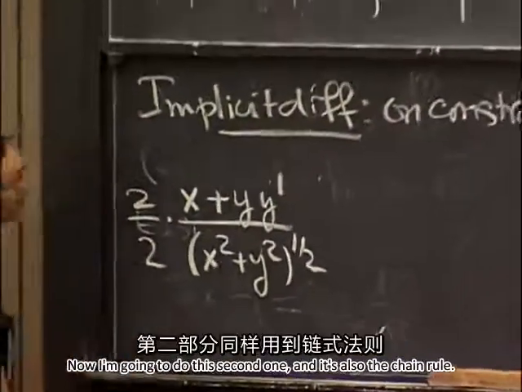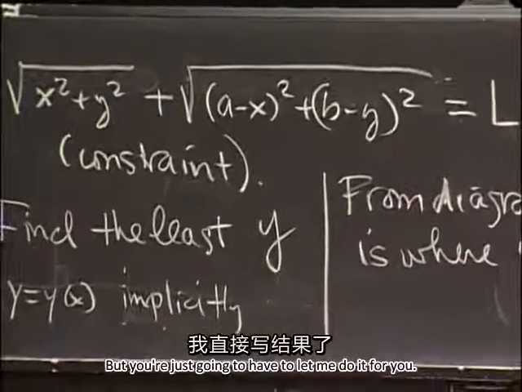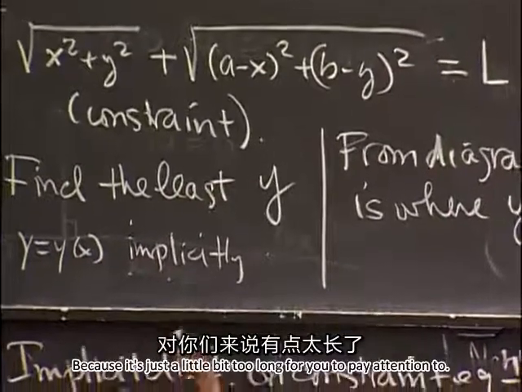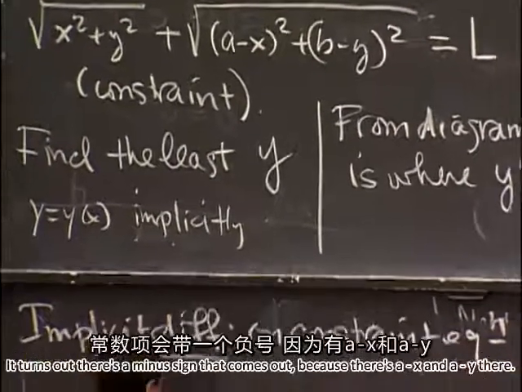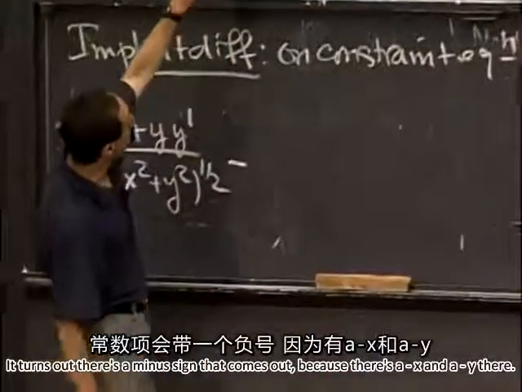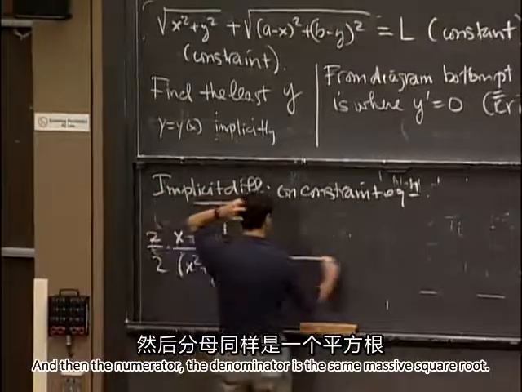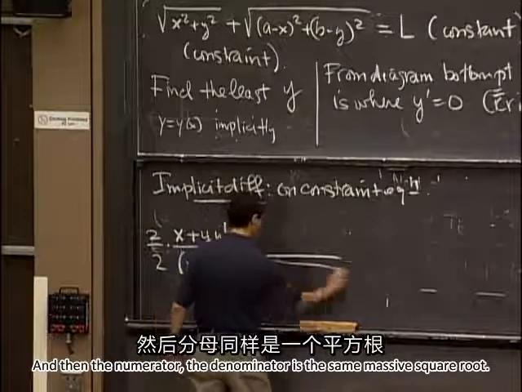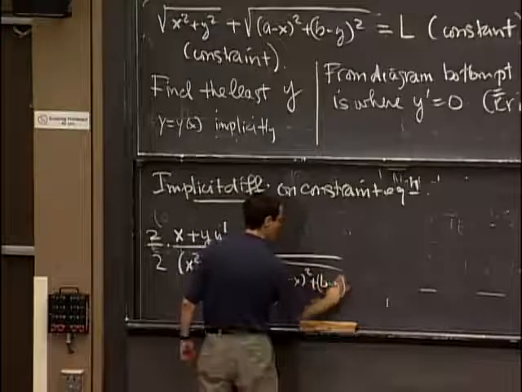Now, I'm going to do the second one, and it's also the chain rule, but you're just going to have to let me do it for you because it's a little bit too long for you to pay attention to. It turns out there's a minus sign that comes out because there's a minus x and a minus y there. And then the denominator is the same massive square root, so it's a minus x squared plus b minus y squared.